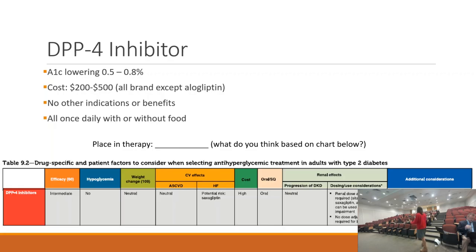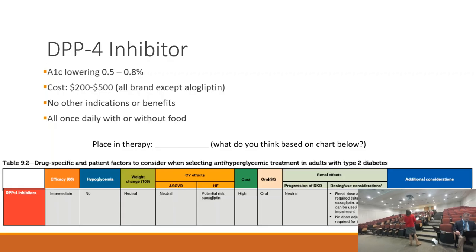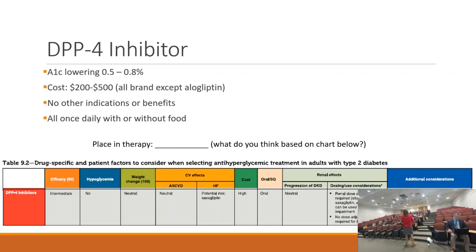Some of the reasons we use GLP-1s over DPP-4s, maybe you can tell me by looking at this chart below. If you were picking a DPP-4 versus a GLP-1, what are some advantages GLP-1s have over the DPP-4?